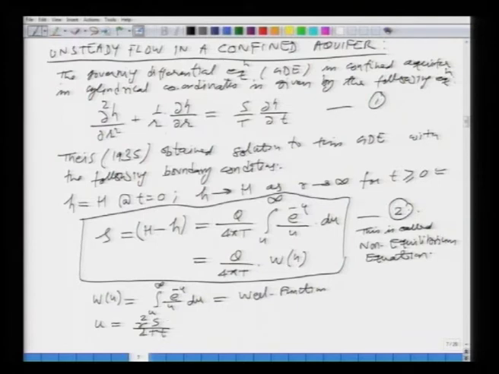And this is your equation 3. You see that the combination of equations 2 and 3 represents the complete solution to equation number 1, and this is called the non-equilibrium or Theis equation.